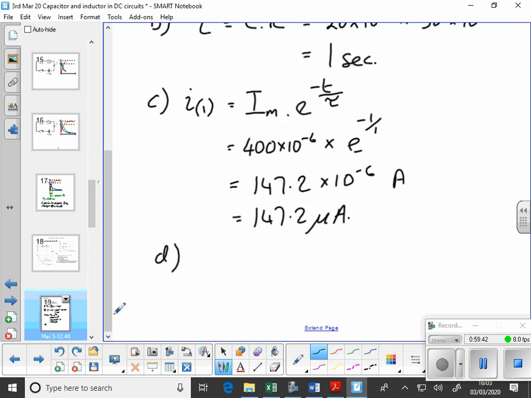D, the instantaneous voltage across the capacitor after 1 second.